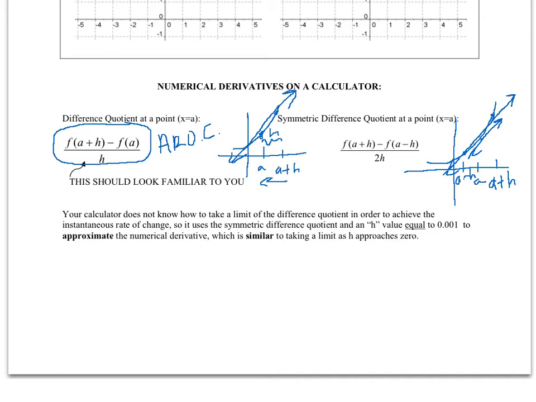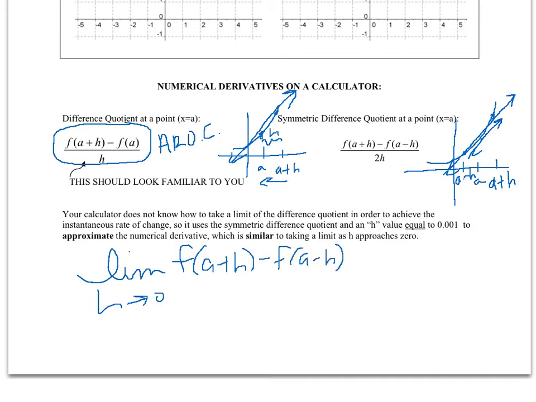So we're going to talk about how the calculator does this. When we do the limit as h approaches 0, we're going to use the symmetric difference quotient on this one. Again, it's just another way of finding slope between 2 points. The difference would be 2h, because if you started at a point A and you move over h, and then there's the amount h over here on this side, you end up with an x difference of 2 h's.